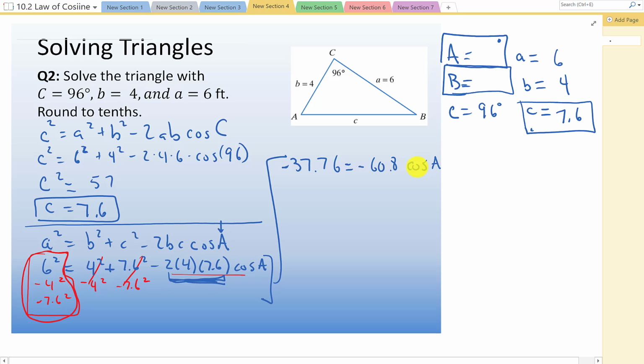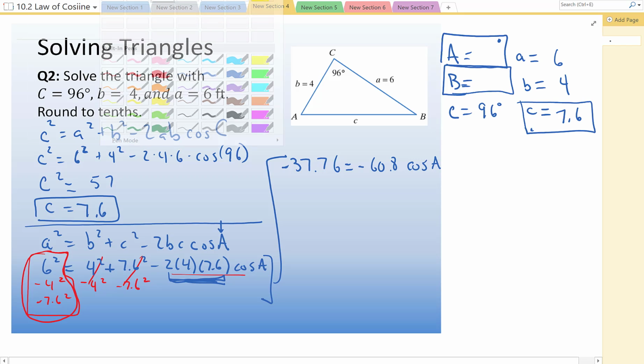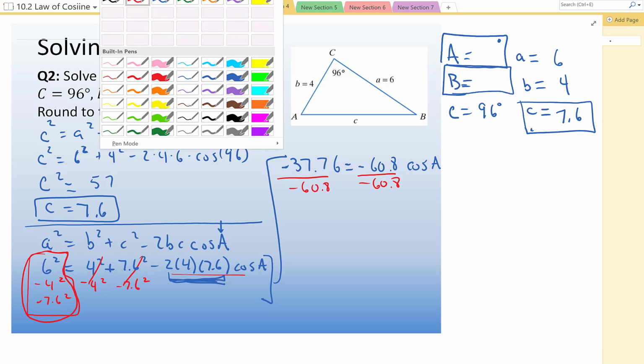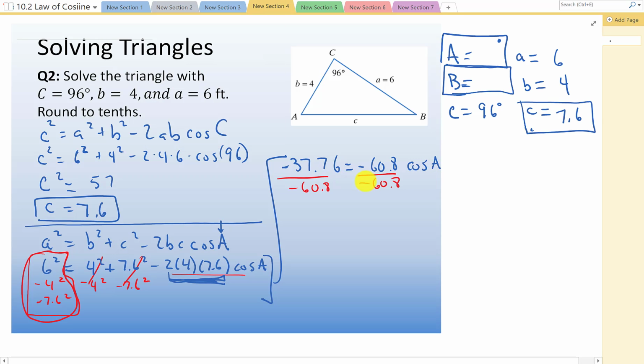Okay, I'm really close now. I want to find A, so I have to isolate cosine. So that means let's divide negative 60.8 on both sides. And now I like to have cosine over here on the left.